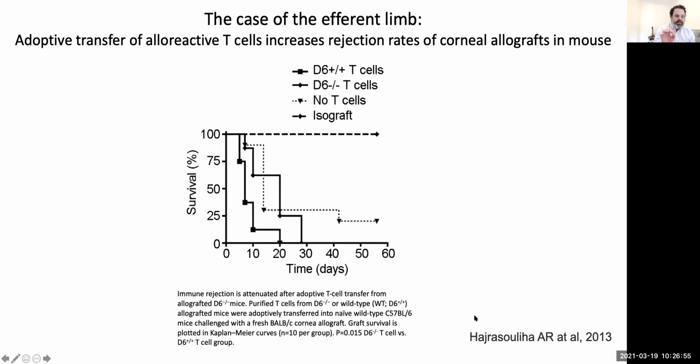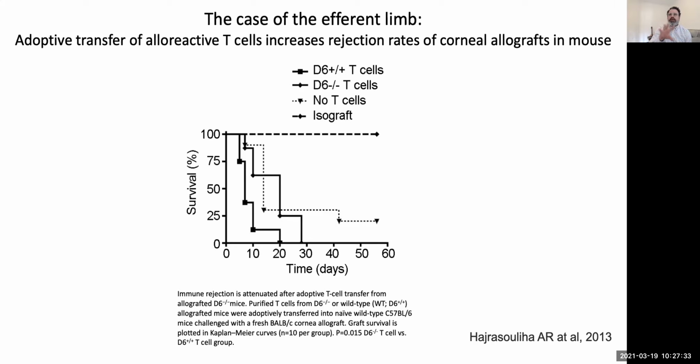Now, if we're talking about the efferent limb and wondering whether the efferent limb is contributing to this immune privilege, one way to do that is to do an adoptive transfer. We discussed a little bit of these experiments in the prior lecture. What you can do is take primed allospecific T cells from mice that had previously rejected their graft and transplant them into a naive, freshly transplanted recipient mouse. So now you're stepping over the question of the afferent limb.